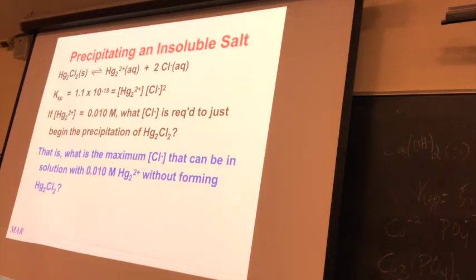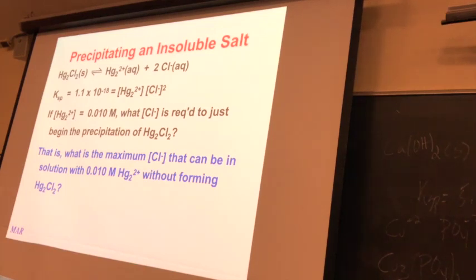What we're going to do mathematically isn't too hard, but what we're really asking is what is the maximum chloride that can be in the solution, with 10 to the minus 2 molar mercury, without actually forming the solid? How much does it take to just begin to see a solid crash out, to see a precipitate form?